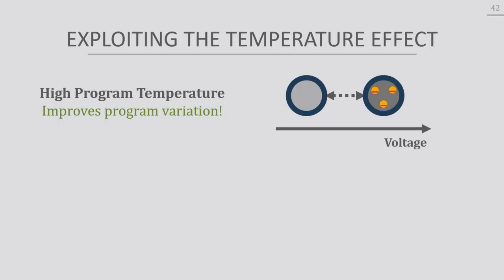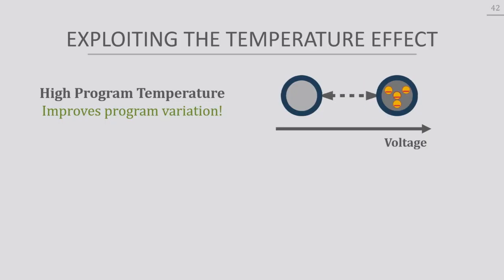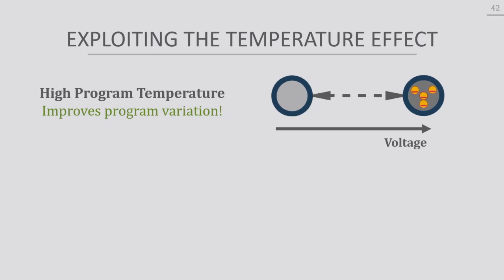And the second effect is the temperature effect. So from a physics point of view, essentially higher temperature increases the electron mobility within the flash cell. And this means two things. During program time, a higher program temperature means that you can program or erase more electrons to or from the flash cell.